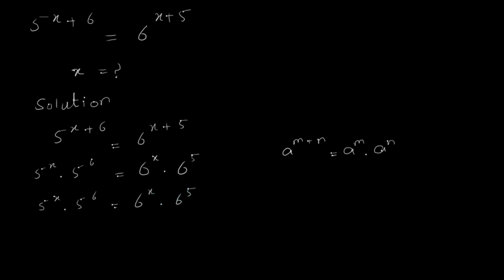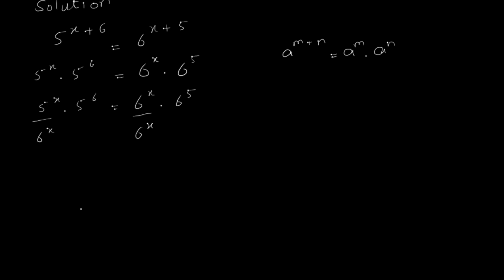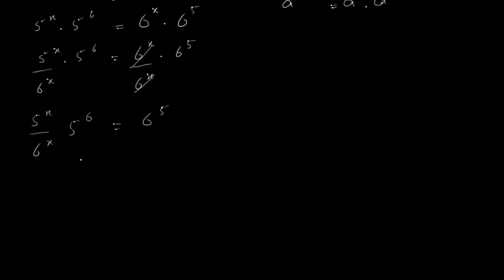Dividing both sides by 6^x, the 6^x cancels, and we are left with 5^x over 6^x. 5^x is equal to 6^5. In the next step, we will divide both sides by 5^6.